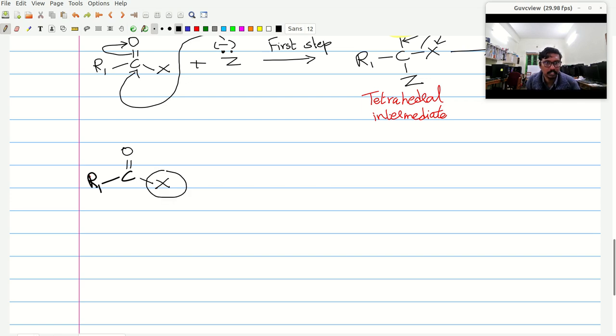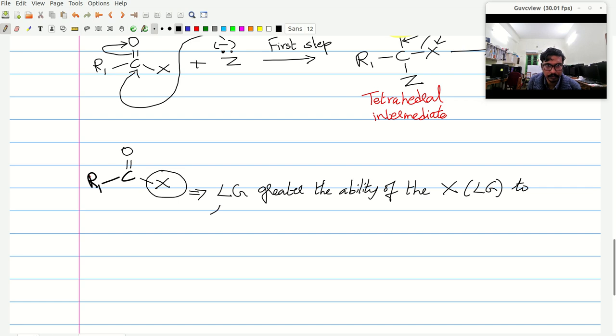So this is the leaving group, and the greater the ability of the leaving group to leave, the faster or easier is the reaction.